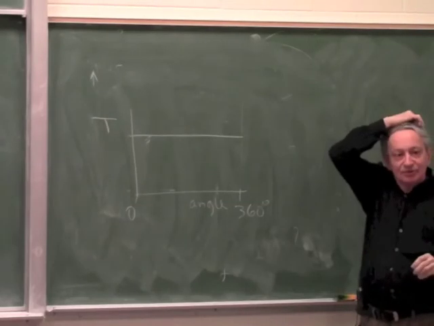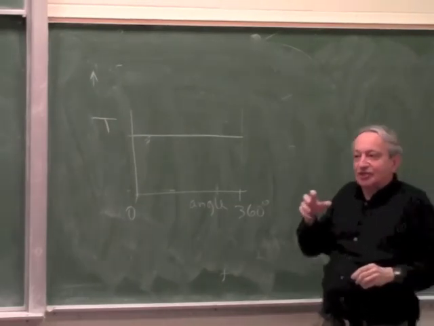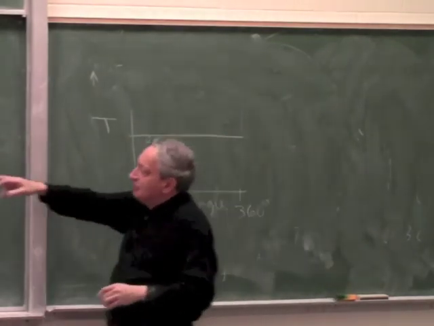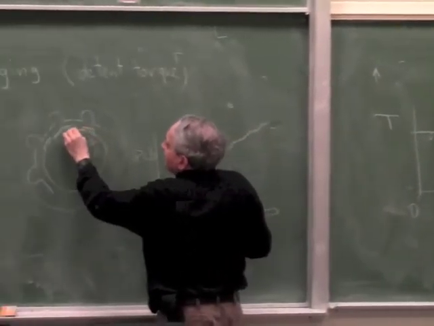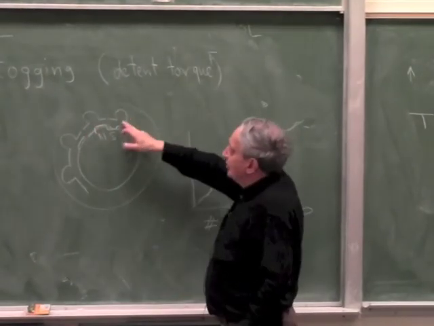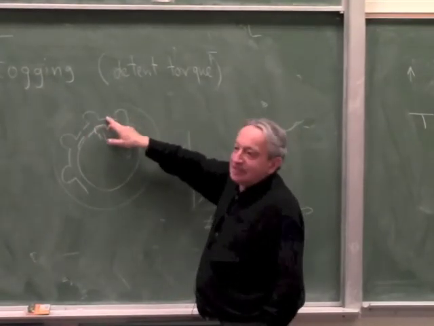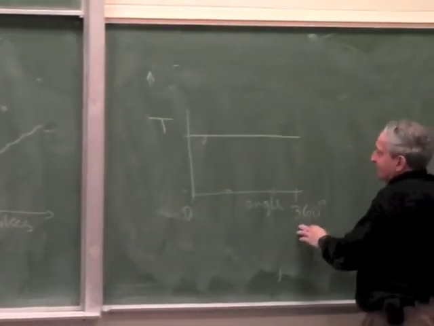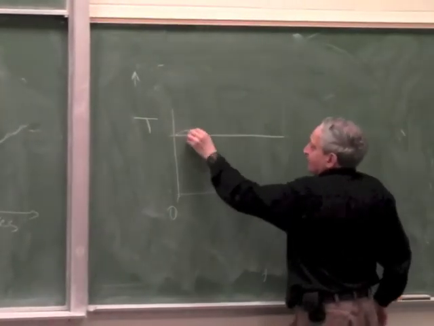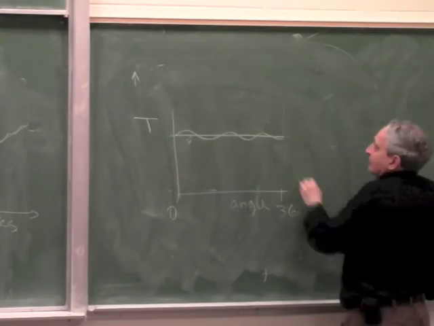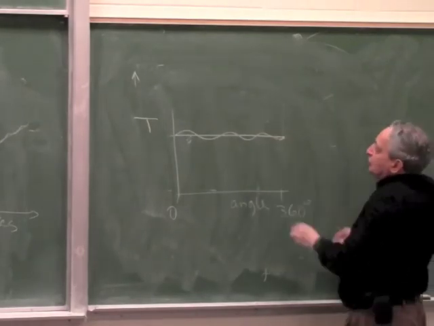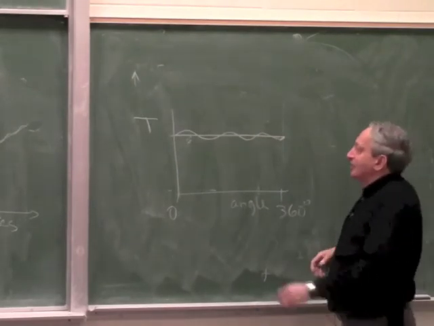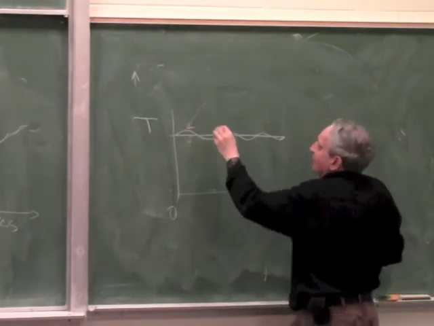But in most motors, the torque changes because at some positions the air gap is less. You can imagine when the magnets align with the slots, there is more air gap than when the magnets align with the laminations. So in most motors, around 360 degrees, there is some kind of a thing like this. It has to come back to here, and usually this corresponds to the number of poles inside. You can sense the number of poles. And this is called cogging.